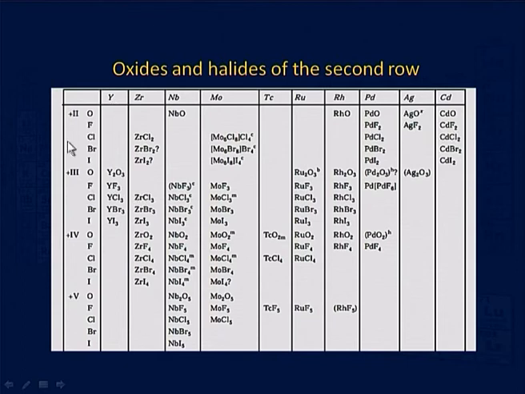Now, as you can see, the oxides and halides of these elements can have +2, +3, +4 as well as +5 oxidation states. Say for example, niobium can have niobium oxide with the +2 oxidation state.